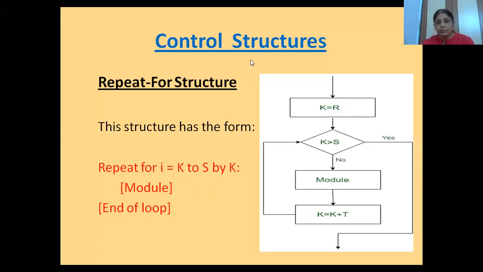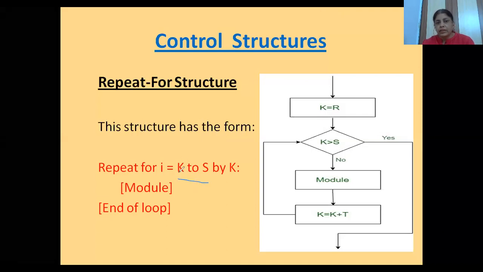So this is your first initial element, initial condition. K is your initial condition. Here I am using the initial condition K to S, so S is your final. It is 0 to 10. So 0 is like for I is equals to 0, to I is equals to 10.